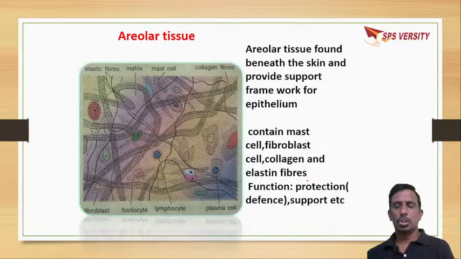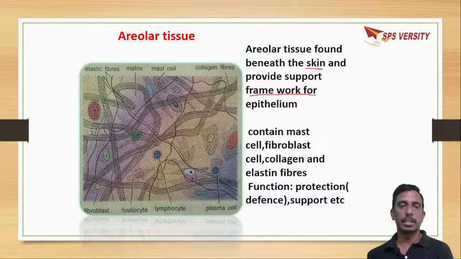Areolar tissue is a type of connective tissue which is present beneath the skin. Below the skin it is present. It will give support as a framework for epithelium. If you look into the diagram of this areolar tissue, it has a matrix.